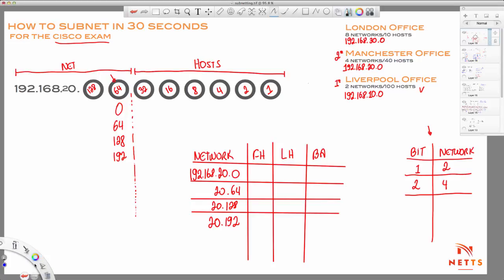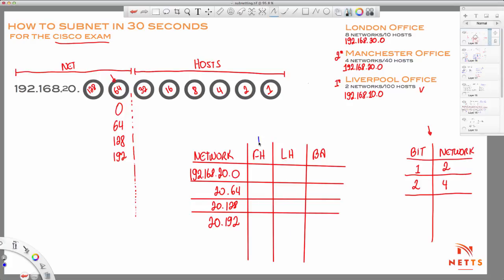But now let's move to the first host. As we saw in the previous video, the first host was always the network plus 1. So in here we're gonna do the same, but a bit faster.